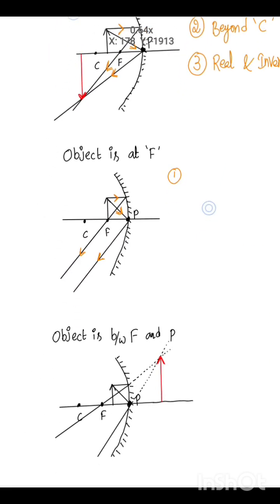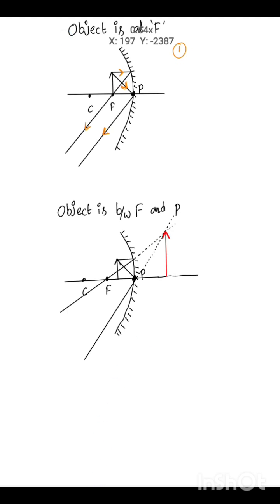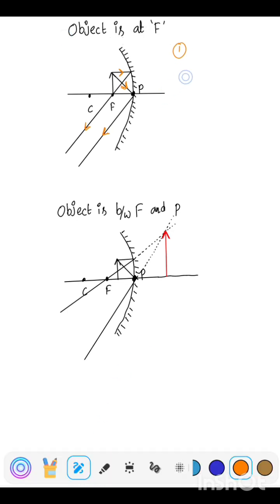So slowly the image size is getting increased. That's why the image which is formed is an enlarged image. Okay, it is a highly enlarged image. Second one, let me write here, it is a highly enlarged image.